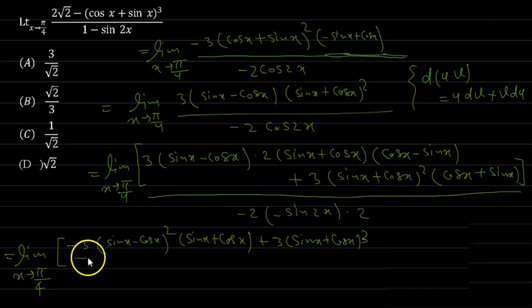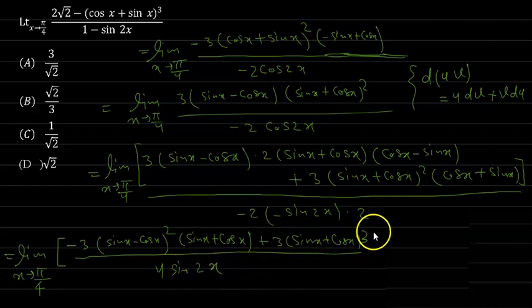In the denominator it will become 2 times 2 is 4, and minus minus plus, so 4 sin 2x.